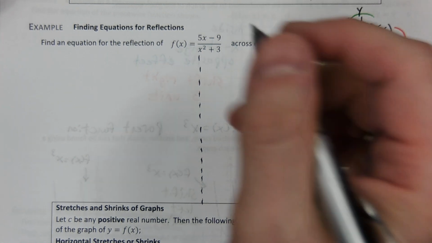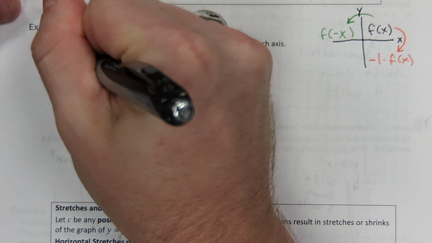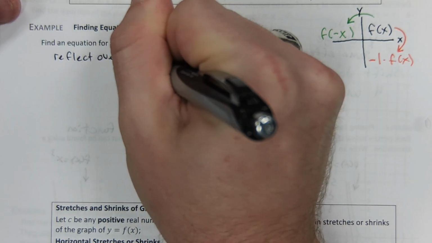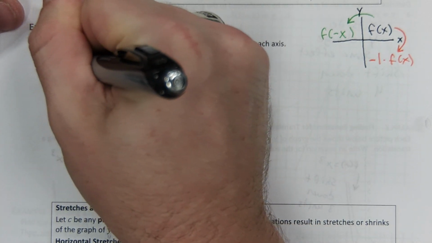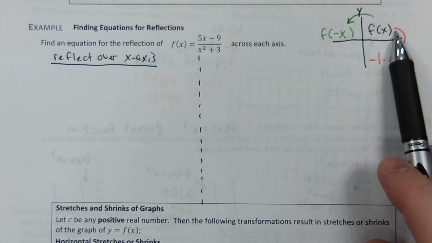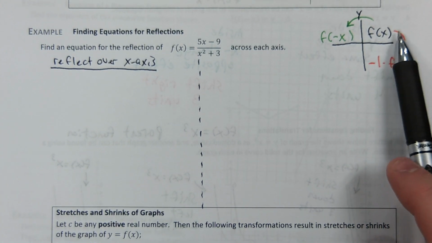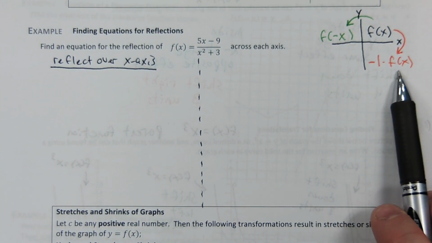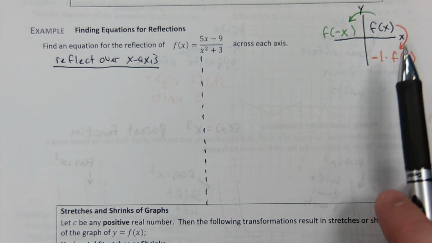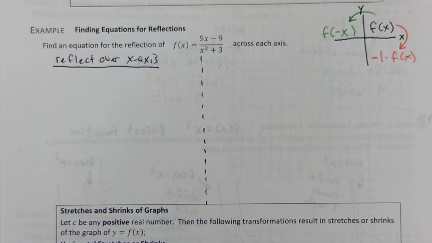On this side, let's reflect over x-axis. Reflecting over x, I come up here, I reference the thing that reminds me what my rule is. Oh, there's my rule. Because we're reflecting over x, that's an up-down motion. So the rule is -1 times f of x.